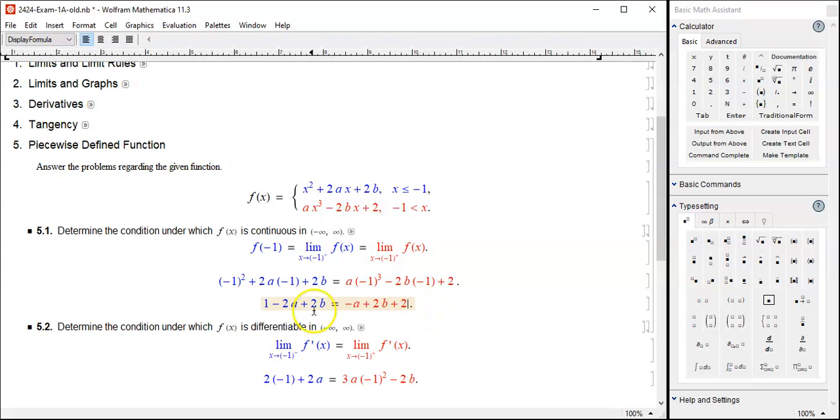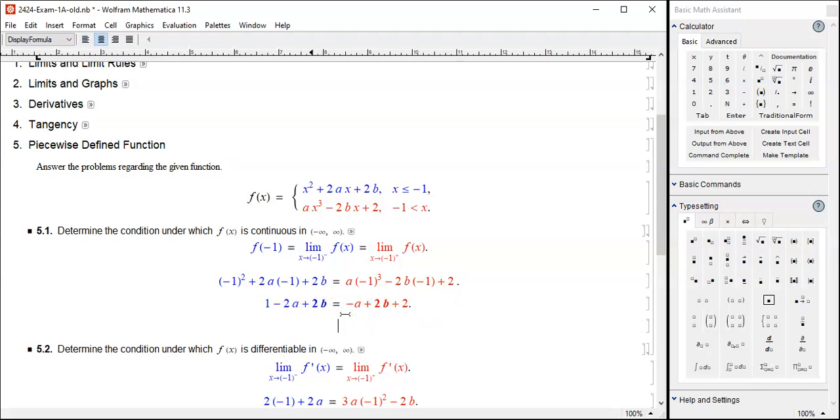And then please note this 2b here and that 2b here are common, so we can just cross those out. And you're going to get 1 minus 2a is equal to negative a plus 2. Flip this a to the other side, so negative 3a equals to, flip this one to the other side, we have 1.